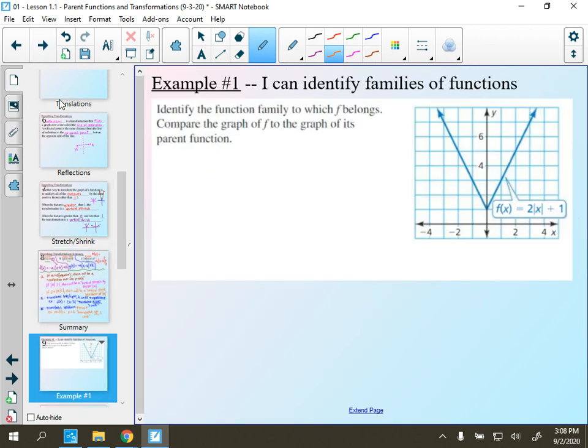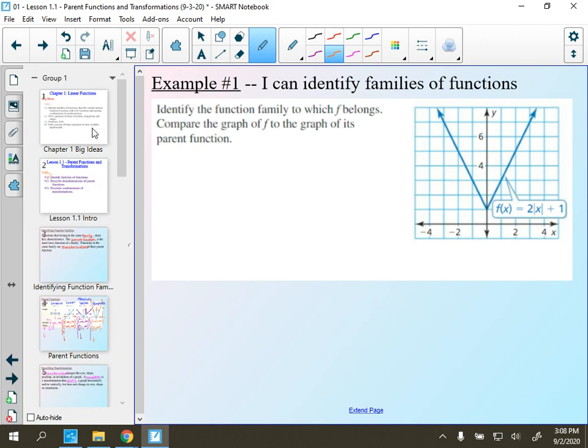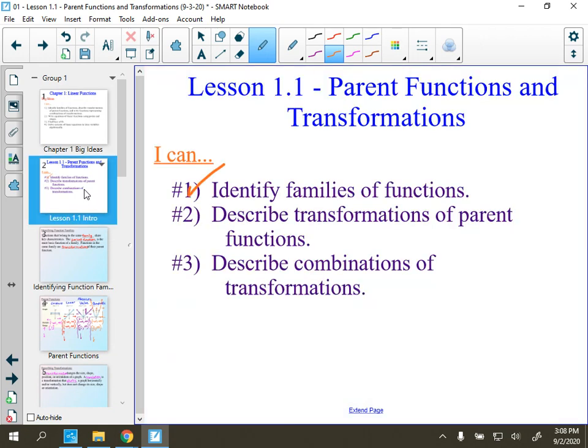All right, so going to our first 2 ideas here, being able to identify a family of functions and then also describe those transformations using terms like it's translated left, it's reflected over the x-axis, it's a vertical stretch, it's a vertical shrink.